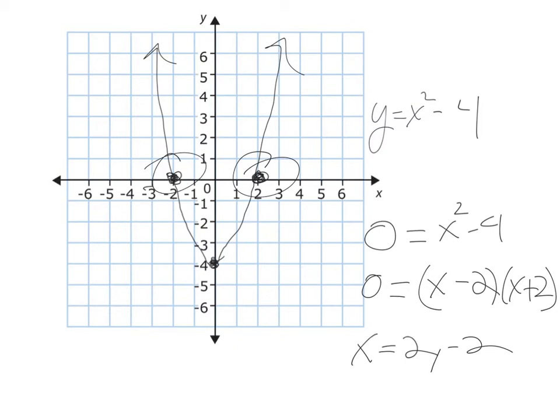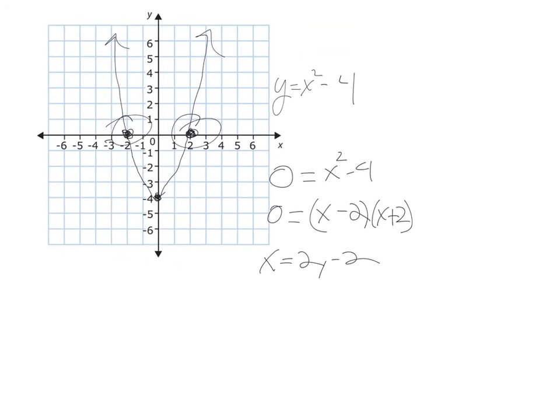We could also do it algebraically, without factoring. We could say that if x squared minus 4 equals 0, add 4 to both sides, and we get x squared equals 4.